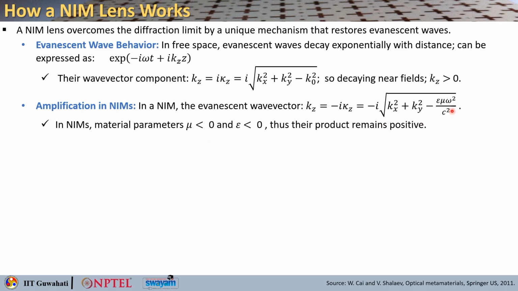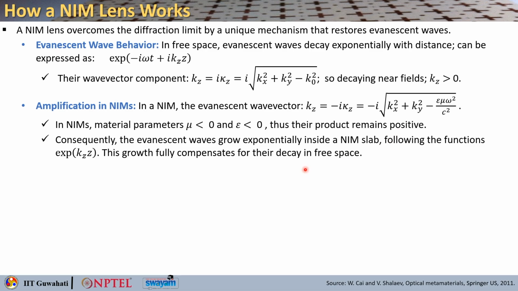That is because you have epsilon and mu both negative in a negative index material, so their product remains positive, and this term comes out as negative imaginary. So what happens when you get negative imaginary? That means the evanescent wave grows exponentially inside your negative index material slab, and you get the function to become exponential in κz z.